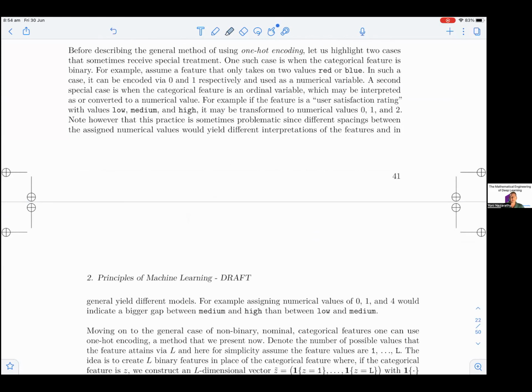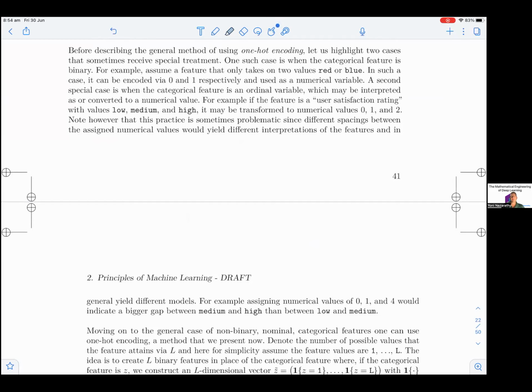A second special case is when the categorical feature is an ordinal variable, which may be interpreted as or converted to a numerical value. For example, if the feature is a user satisfaction rating with values low, medium, and high, it may be transformed to numerical values 0, 1, and 2.